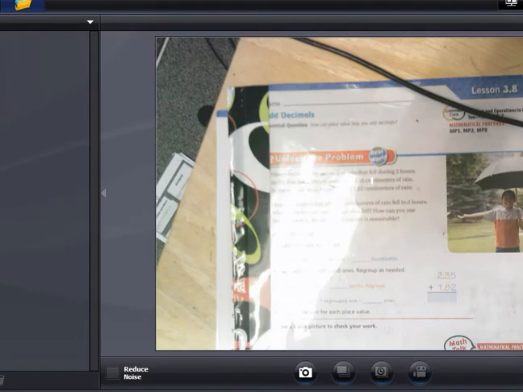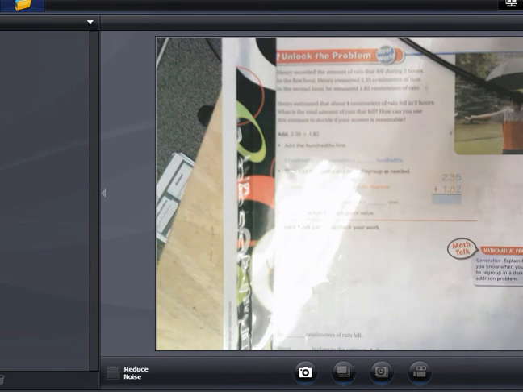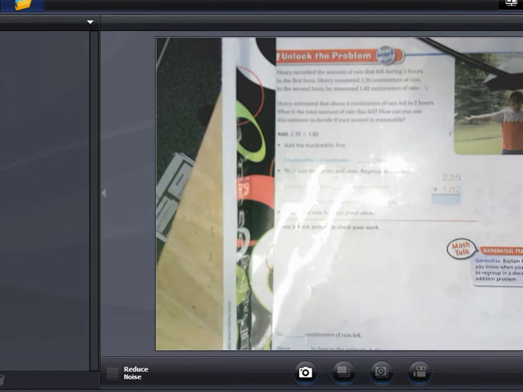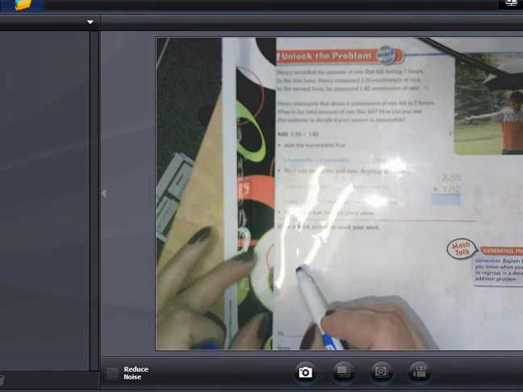Here's what my picture would look like if I was doing it. Sunlight's coming in this morning, so it's kind of hard to see my board, but we'll give it our best shot.